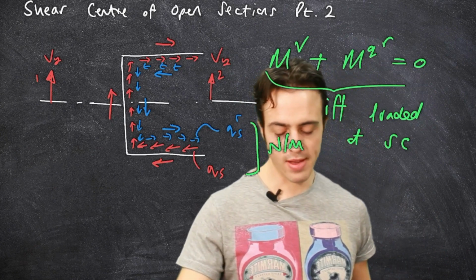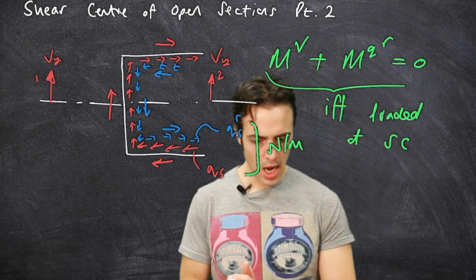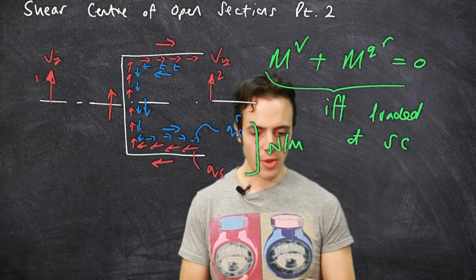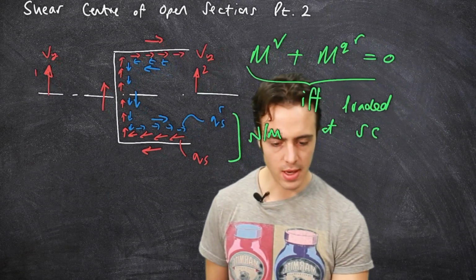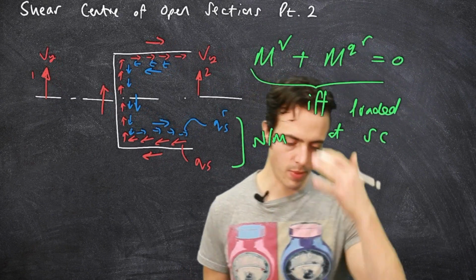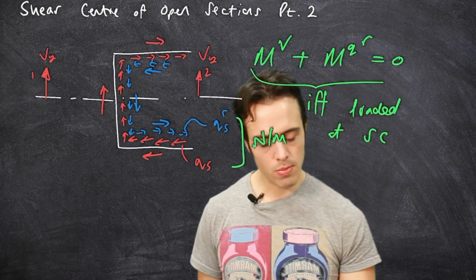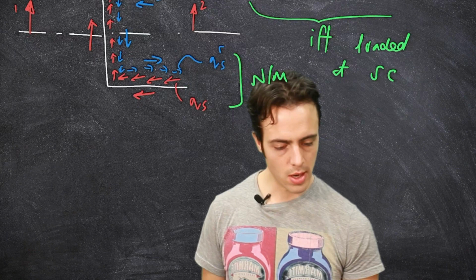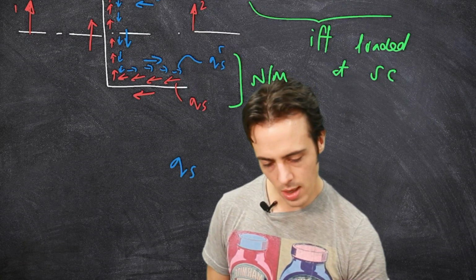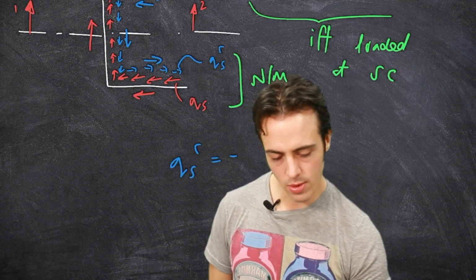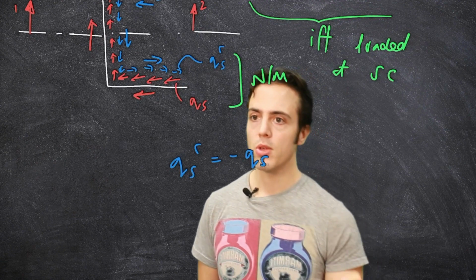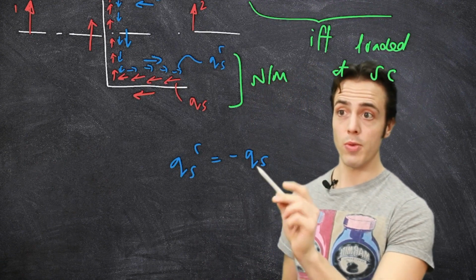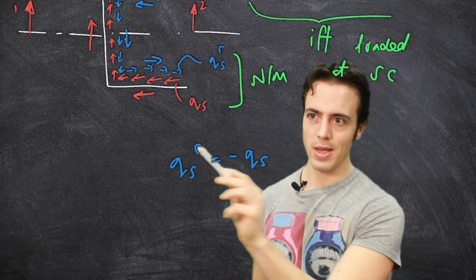If we don't load at the shear center, then we see, for example... let's write this down. QSR, the reaction, is equal to the opposite of the internal shear flows, which are the red ones. I'm losing my colors here.